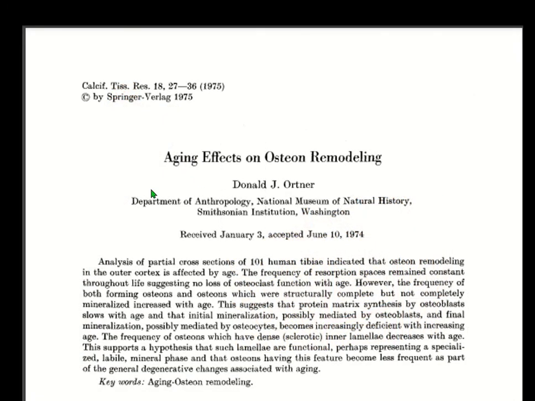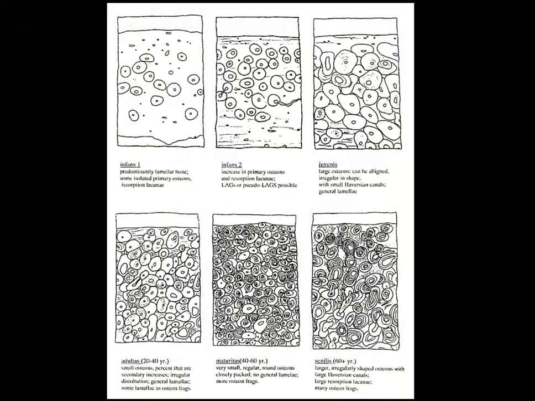A thing about this was first written up by an anthropologist called Donald Ortner in 1975, that you can see effects of aging on the osteon remodeling. So he found that the degree of remodeling is consistent through time, and so what happens is the more osteons there are, the older the individual is.